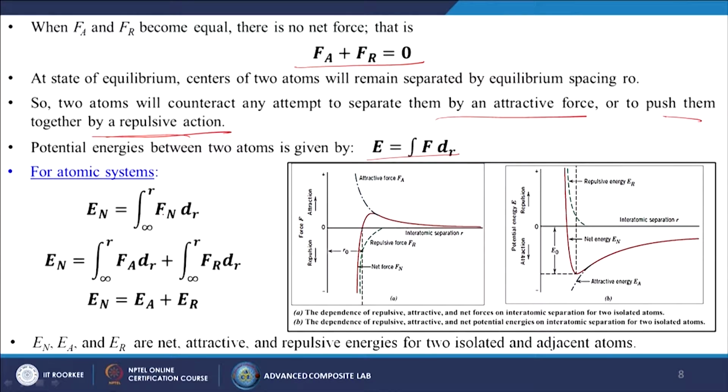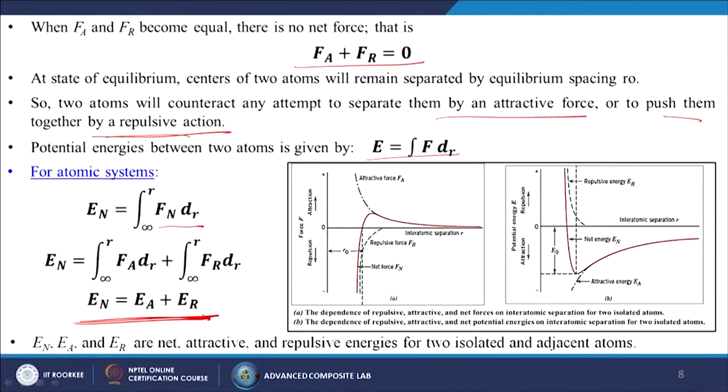The potential energy between two atoms is given by E = integral of F dr. For atomic systems, E_N = integral from infinity to r of F_N dr, which is the integral from infinity to r of F_A dr plus the integral from infinity to r of F_R dr, for the attraction and the repulsion forces. That means E_N = E_A + E_R. Here E_N, E_A and E_R are the net, attractive and repulsive energies for two isolated, adjacent atoms.